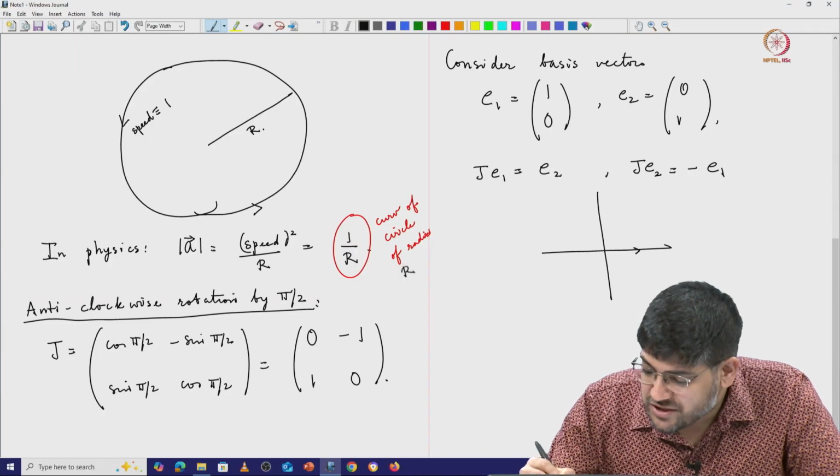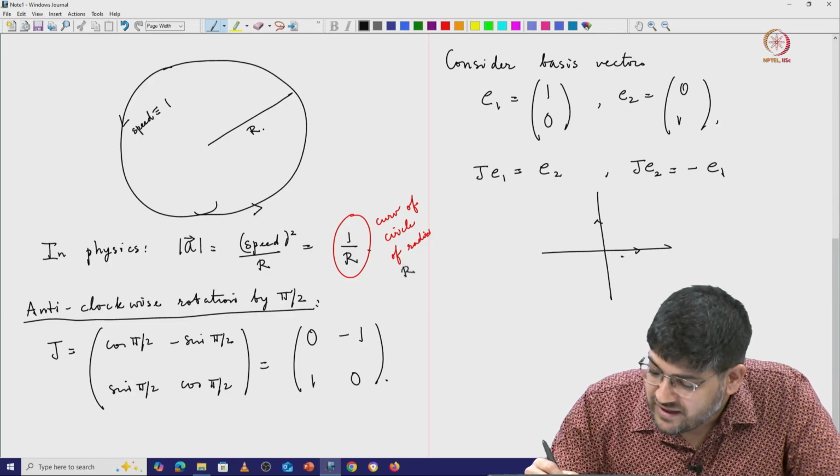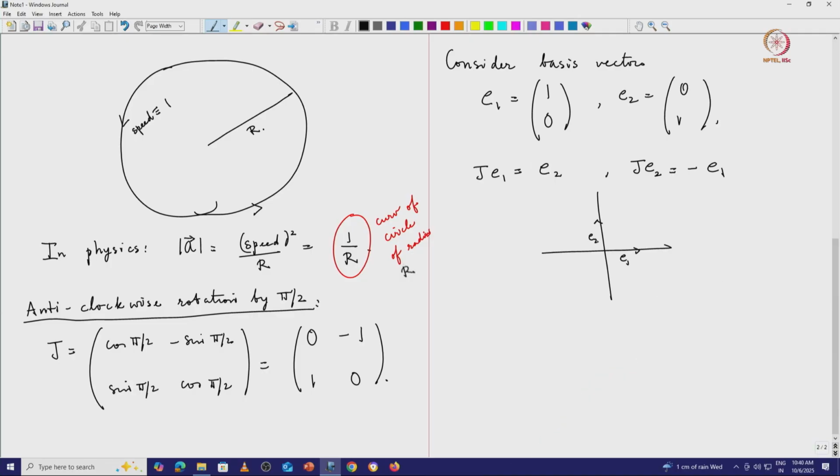So in the picture, this is E1, this is E2. E1 is going to be transformed into E2. E2 on the other hand is going to be transformed into minus E1 by multiplying by this matrix. That makes sense, right, because anticlockwise rotation of E1 by pi by 2 should give you E2, and anticlockwise rotation of E2 by pi by 2 should give you minus E1.